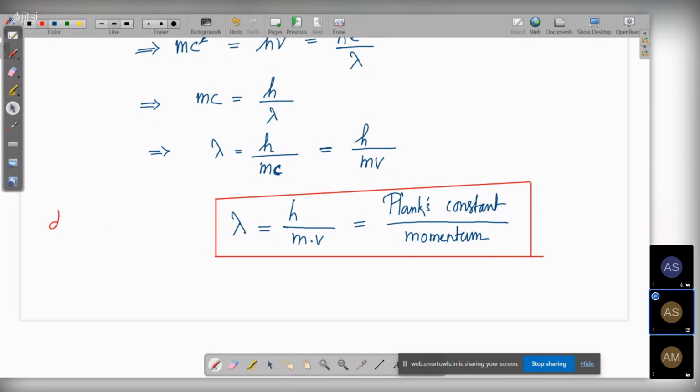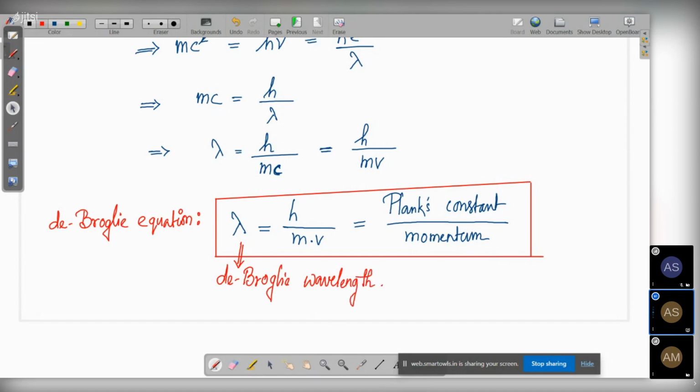Very simple formula: λ = h/mv. And this λ, since he made the equation, is known as the de Broglie wavelength.